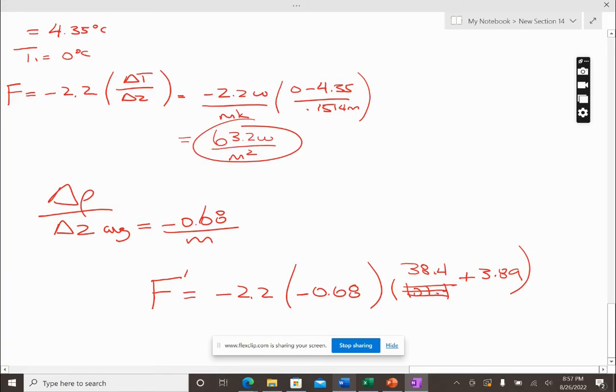Okay, so what we get is negative 2.2 times negative 0.68 times 38.4 plus 3.89. Voila, 63.26.